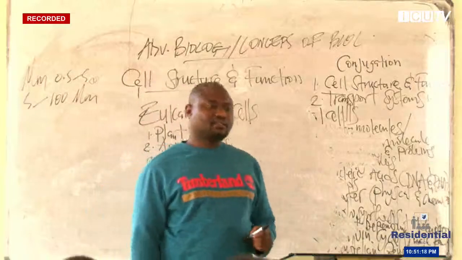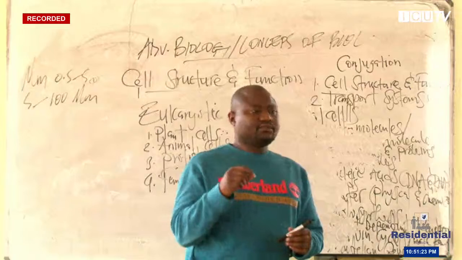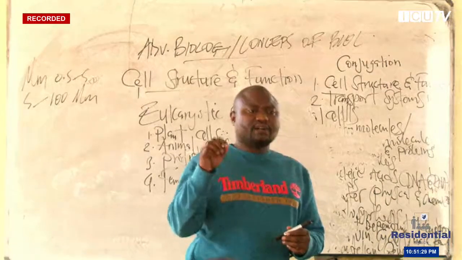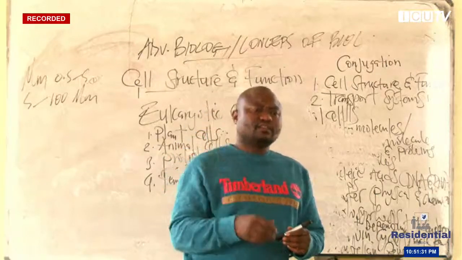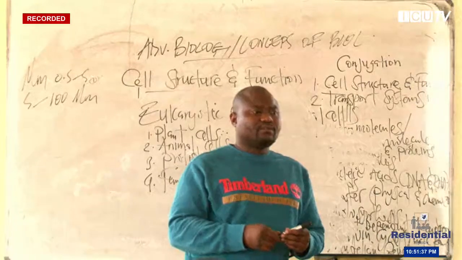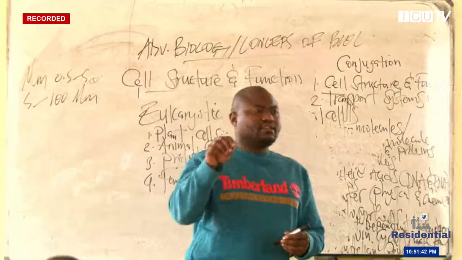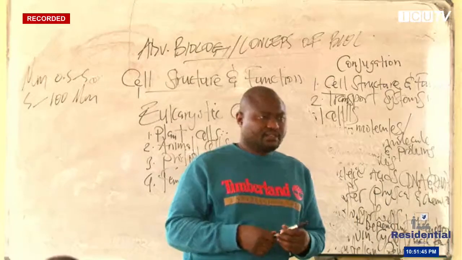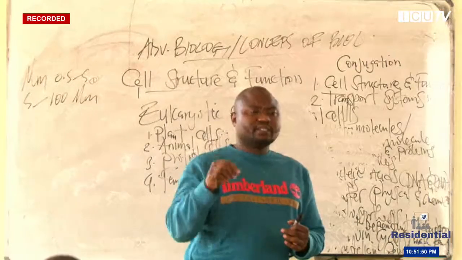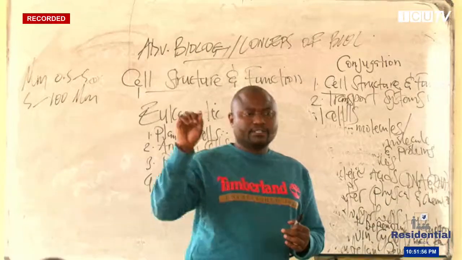You need to understand which organelles are found in a plant cell but not in an animal cell, which are found in a plant cell but not in a bacterial cell, and which are found in a bacterial cell but not in a plant or animal cell. You also need to know the specific functions of each organelle, or each cell component or structure.